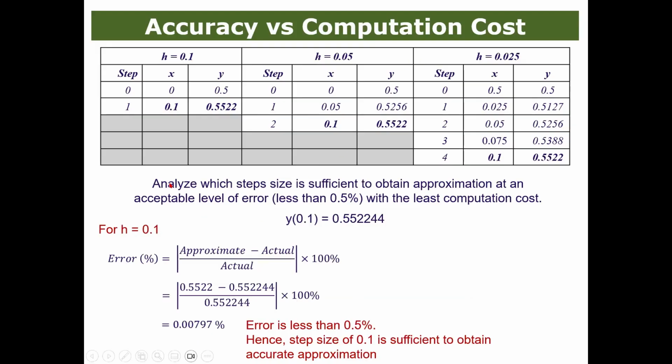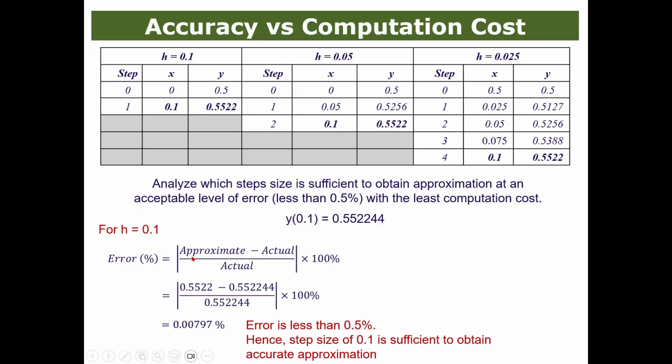To get this answer, we calculate the value of error. Let's start with the highest step size first, which is 0.1, because our aim is to use a higher step size in order to minimize calculation steps and computation cost.